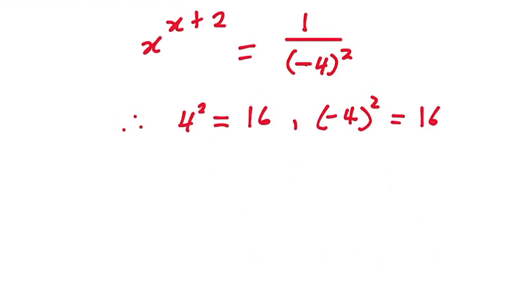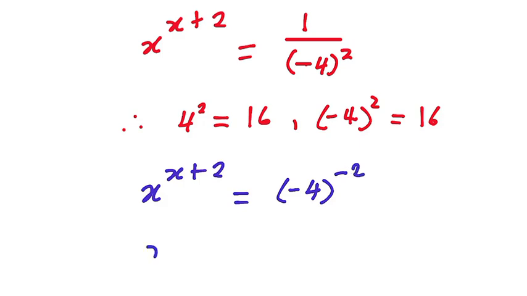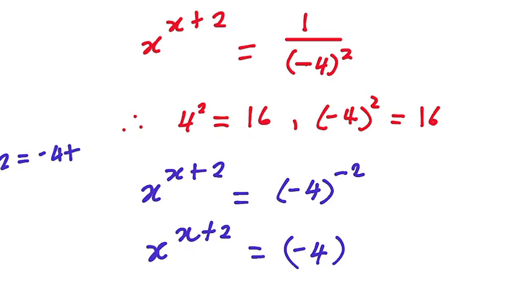So now from there, I can have x to the power of x plus 2, then equals, this can be minus 4 to the power of minus 2. So now from there, I have x to the power of x plus 2 equals minus 4. Then to the power of this minus 2 here, I'm going to rewrite this as minus 4 plus 2.